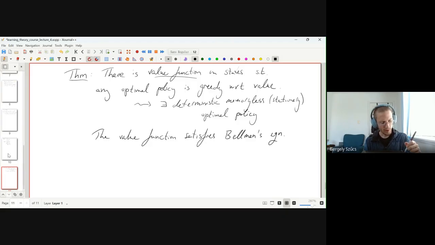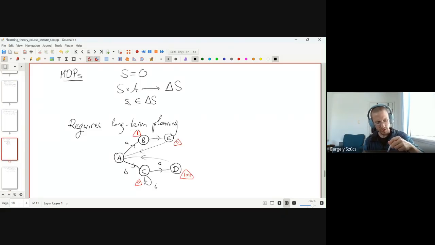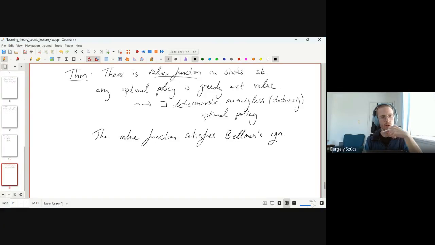So even though if you try to be greedy with respect to the reward, it doesn't work, it's possible to compute a value function, and being greedy with respect to the value function actually works in the case of MDPs. So that's an interesting result. And having Bellman's equation also allows us to compute the value function pretty efficiently.